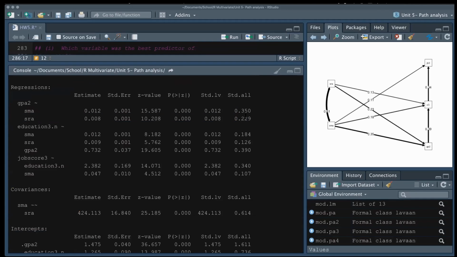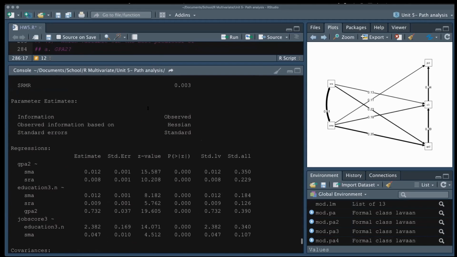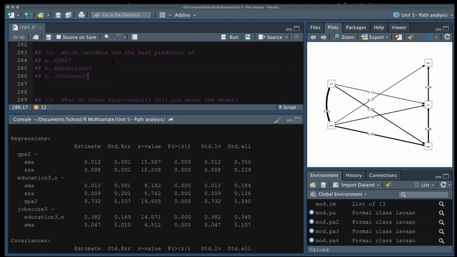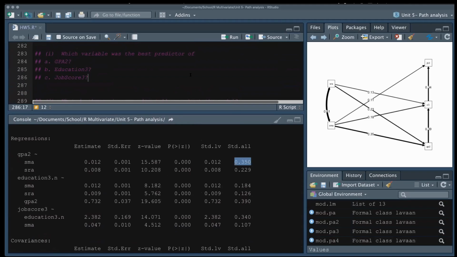So when we look at these in our regressions tables, what is the best predictor of GPA 2? SMA. And for education 3, GPA. And for job score, education 3, exactly.